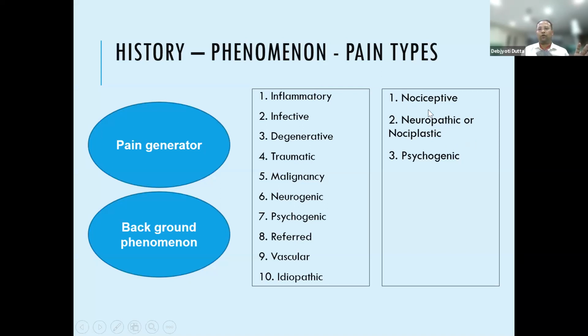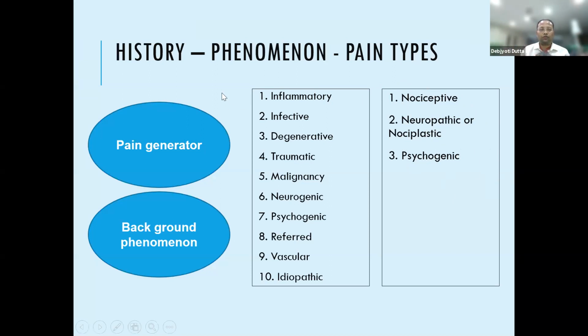So we will consider one treatment approach for nociceptive pain and one for neuropathic pain. And psychogenic pain I will not discuss here, but for psychogenic pain, if you suspect a psychological component, cognitive behavioral therapy is used. So mainly, let us see our pharmacological approach towards nociceptive pain and neuropathic pain.